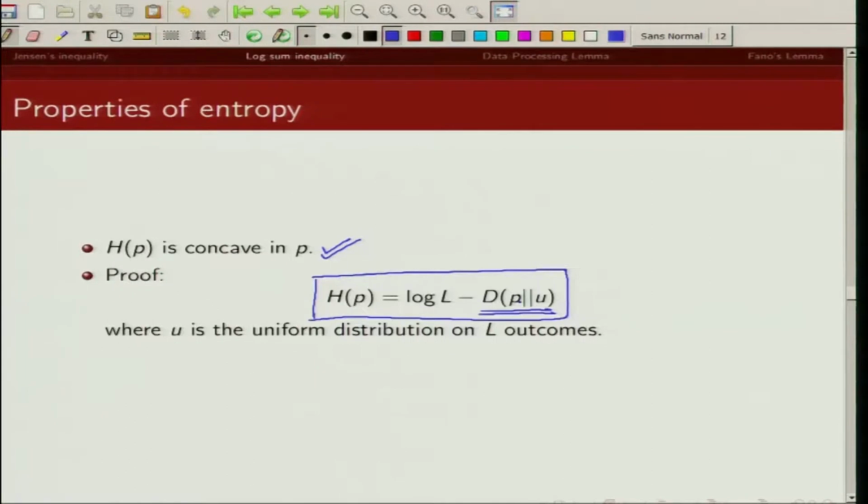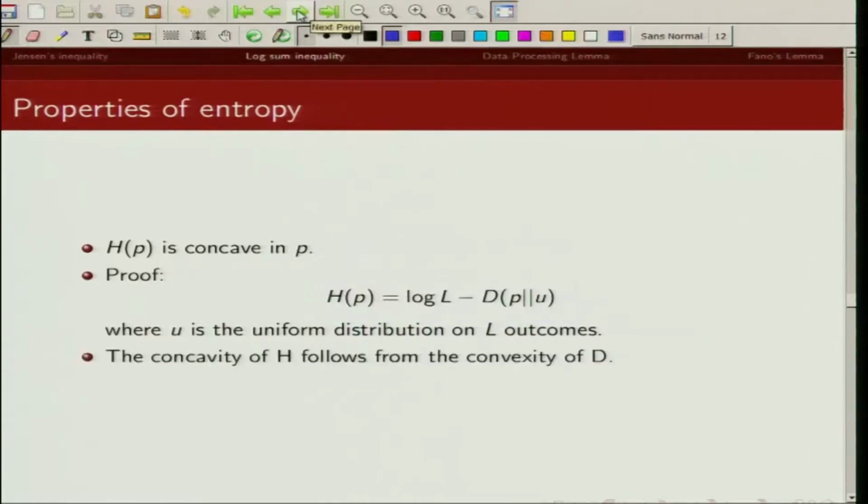So as a function of P, H of P, entropy, is a concave function. So the concavity of the entropy function follows from the convexity of the divergence function.